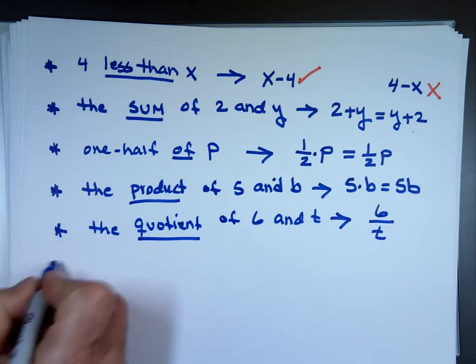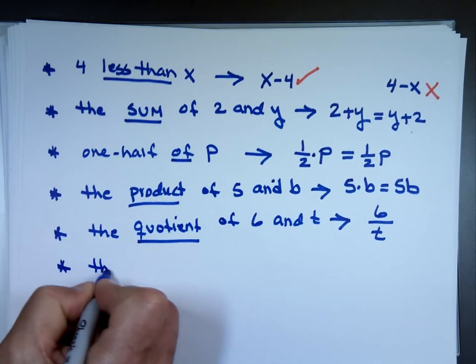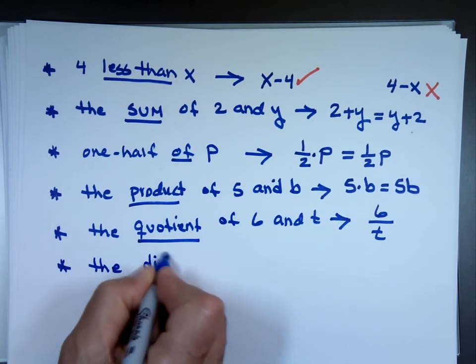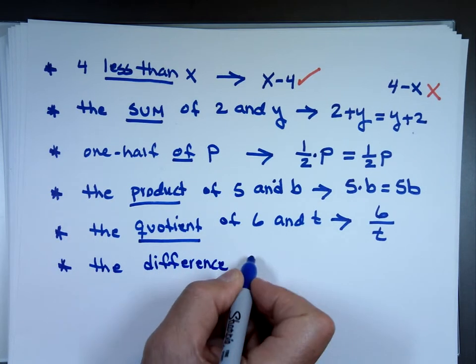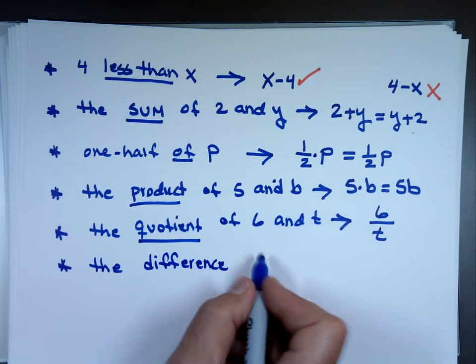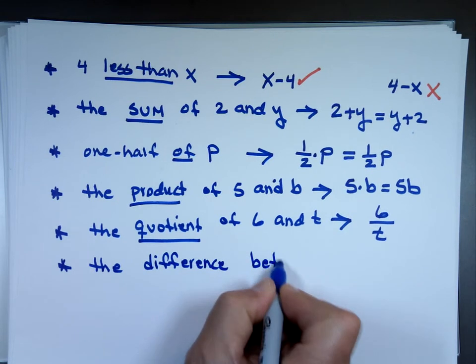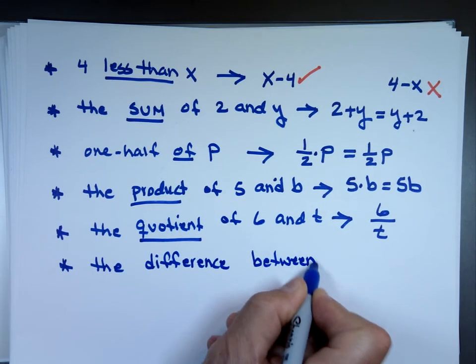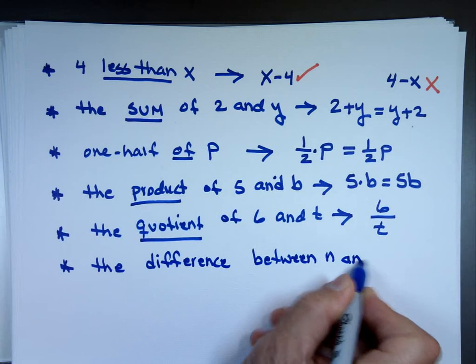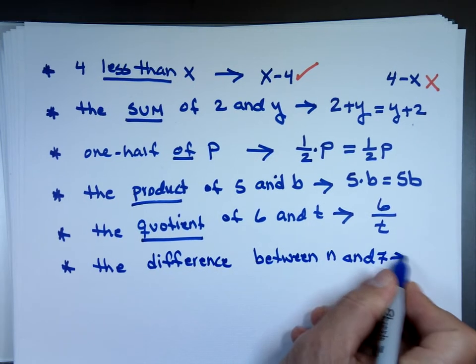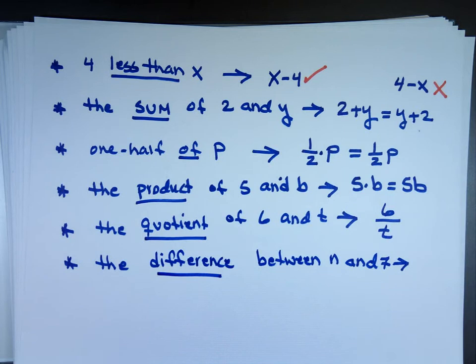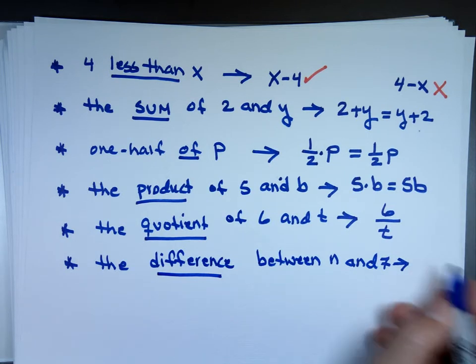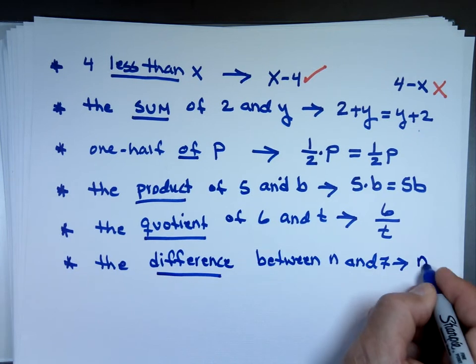One more, the difference between n and 7. Difference. Subtraction, good. So how would you write that? N minus 7. Very good.